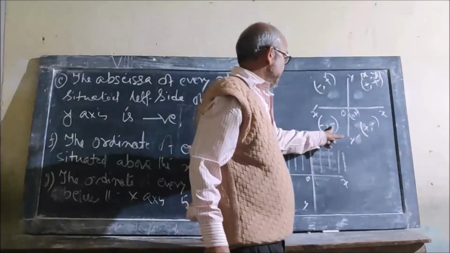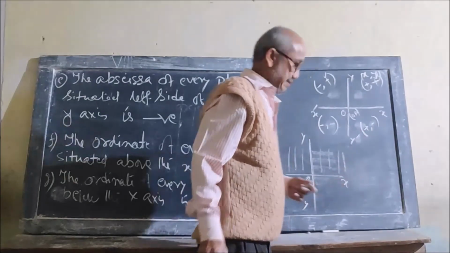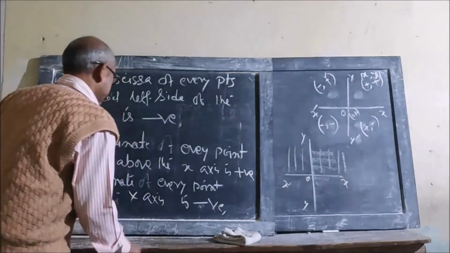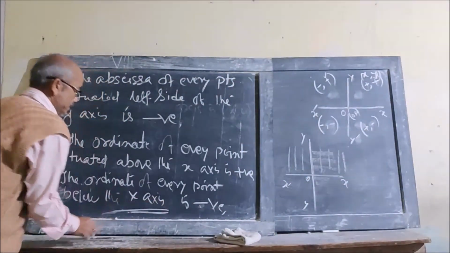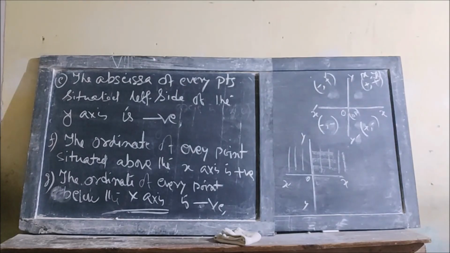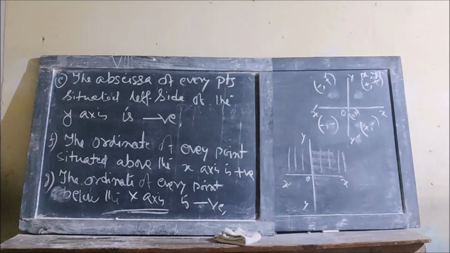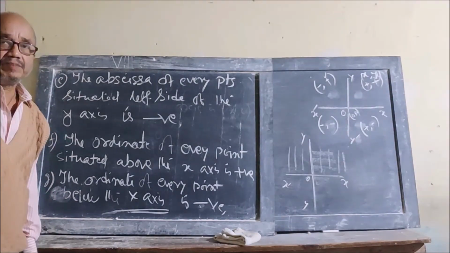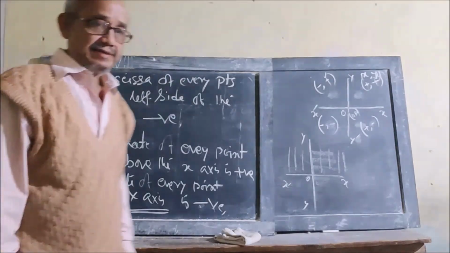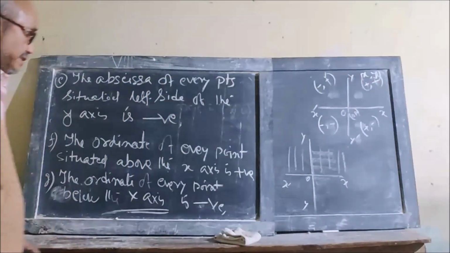These ordinates are negative. Thus, we can understand the sign of the coordinates, that means the sign convention of the Euclidean plane or the quadrants. Thank you.